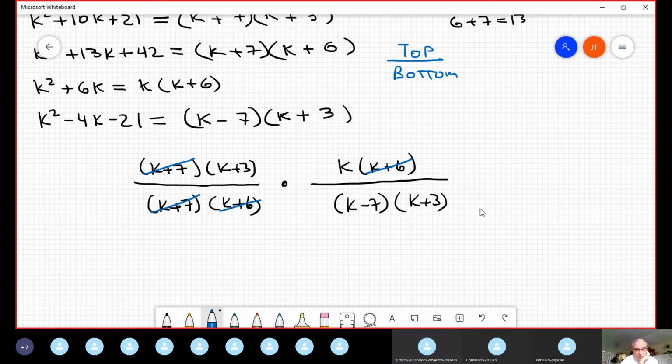And one more: k plus 3 with k plus 3. Exactly. Who stays alive? k over k minus 7. The k on top stays alive, and on the bottom k minus 7 stays alive. Final answer.